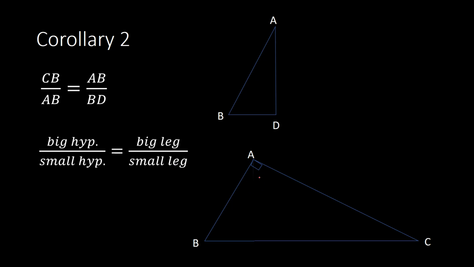So looking at the big triangle, the hypotenuse by definition is across from the right angle. So looking across from this right angle, this down here would be the hypotenuse of the big triangle. So if we take that length, the big hypotenuse, divide that by the hypotenuse of the small triangle. So the small triangle, here is a right triangle, the hypotenuse would be across from that.